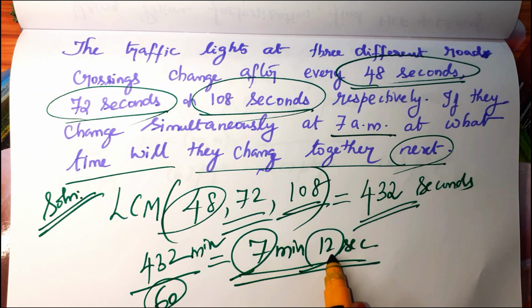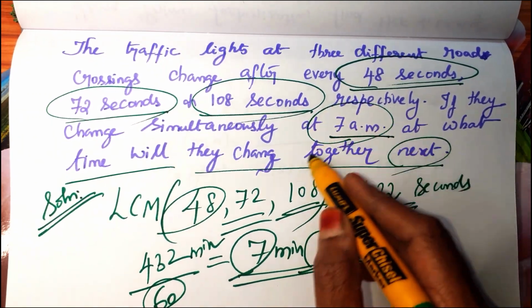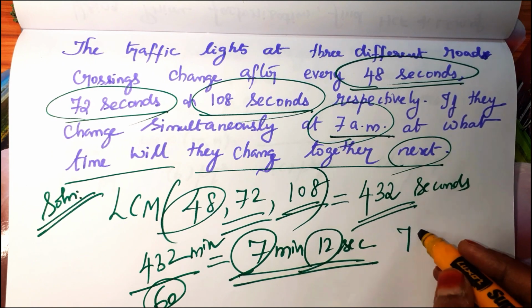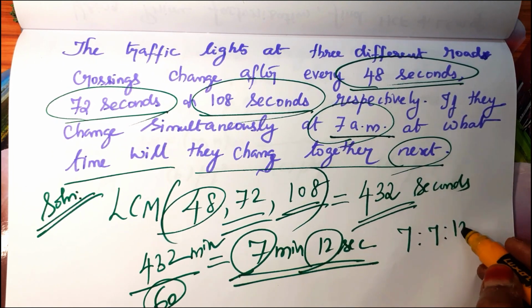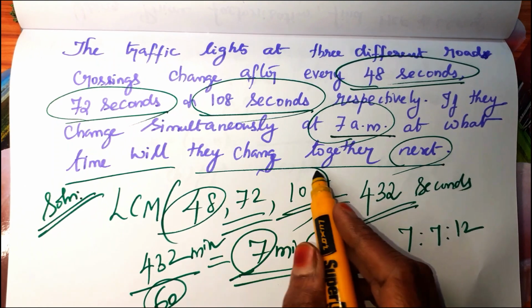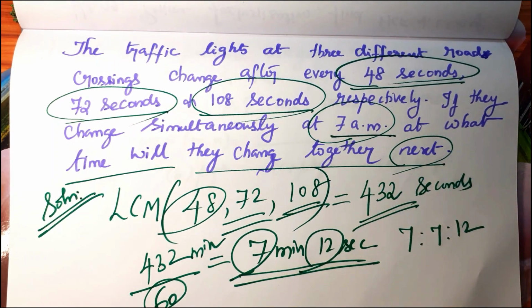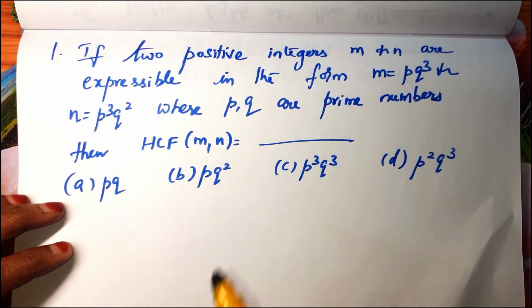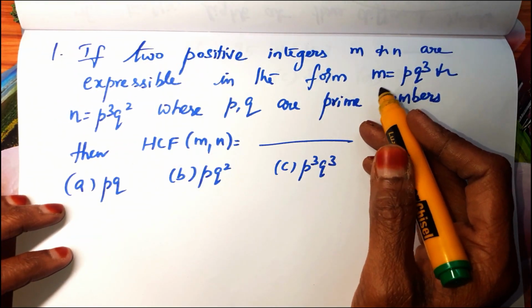So 7 minutes 12 seconds. When you start at 7 a.m., at 7 minutes 12 seconds past, all three will change together next time. Is it clear?